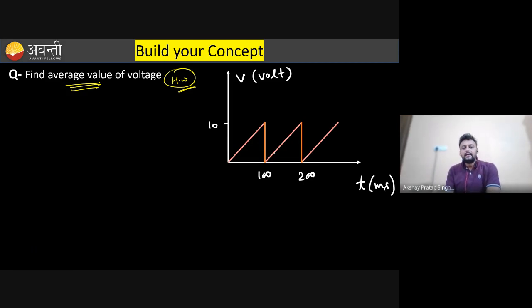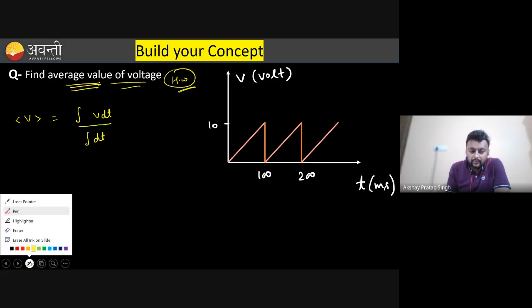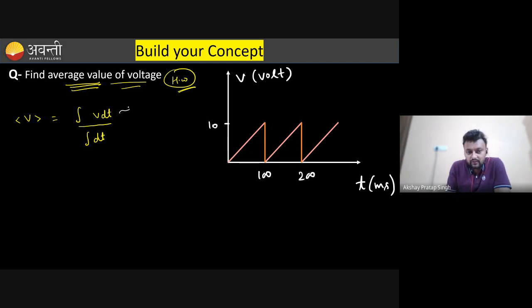They are saying find the average value of voltage. So what is the average value of voltage? V average is written as integration V dt divided by integration dt. If you remember the punchline, this portion was the area and this is the time duration.